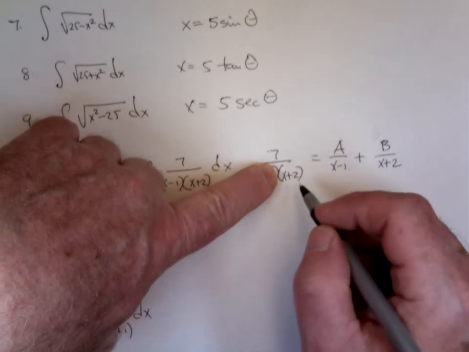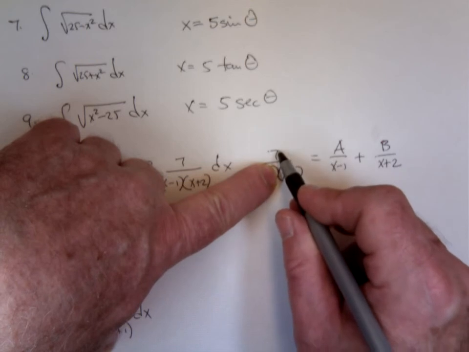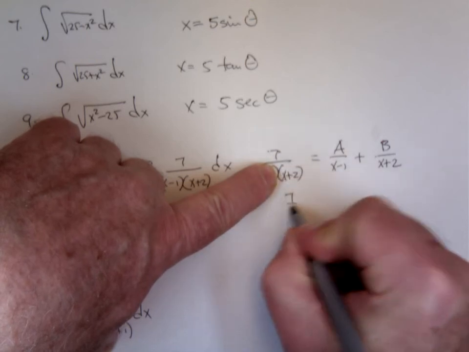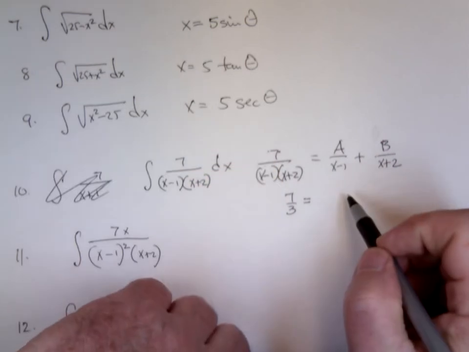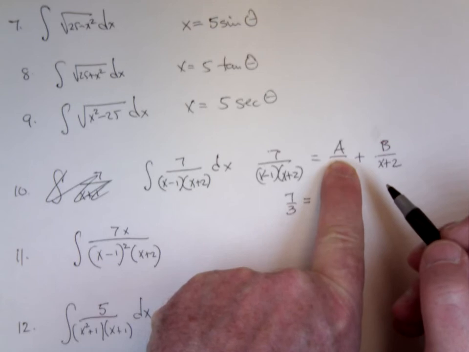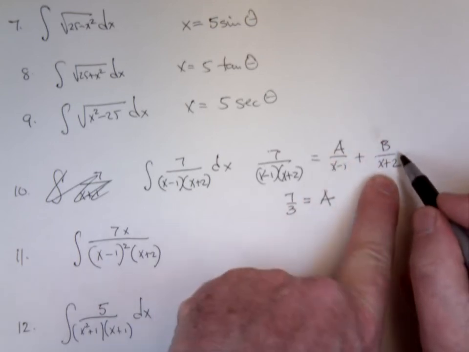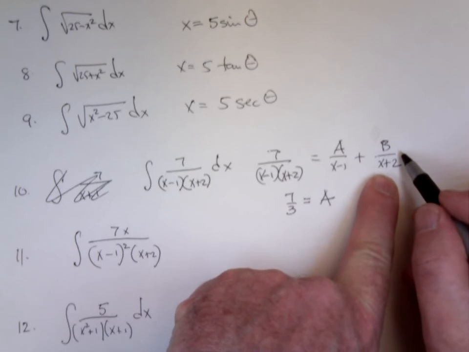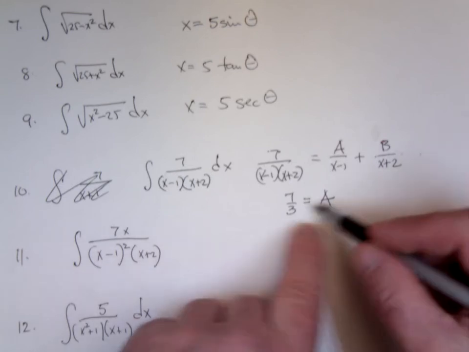When you let x equal 1, we will have 7 thirds on this side. On this side, when I multiply by x minus 1, this x minus 1 is gone. I have A sitting by itself. This B over x plus 2 is getting multiplied by x minus 1, but I'm letting x equal 1. That makes this 0. A is 7/3.